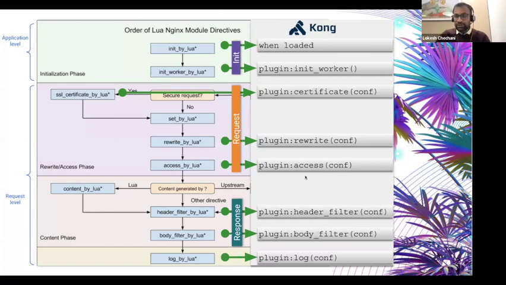It's very important to know which particular method you need to write your custom logic in, so that you are aware whether it will be executing during the request phase or during the content phase. And if you want to do anything for logging, like injecting a custom field or removing something, or something not supported by our logging plugin, then you will end up writing into the log phase.